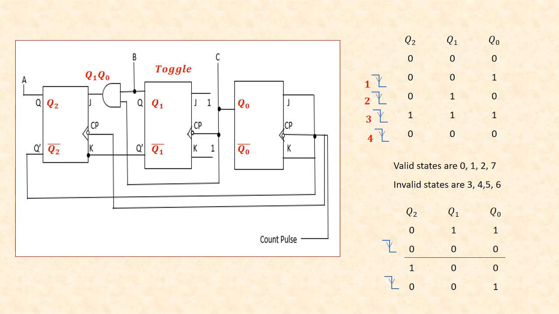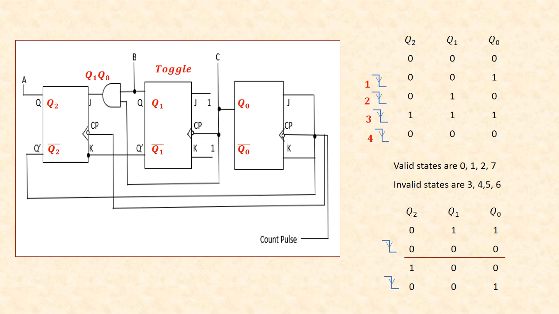Now the Q0 output has changed its state from 0 to 1. That is 0 to 1, meaning low to high. So it is a positive edge, and this is given as clock input to the second flip-flop. Since it is a positive edge, the second flip-flop will not change its state. So its state will remain 0.